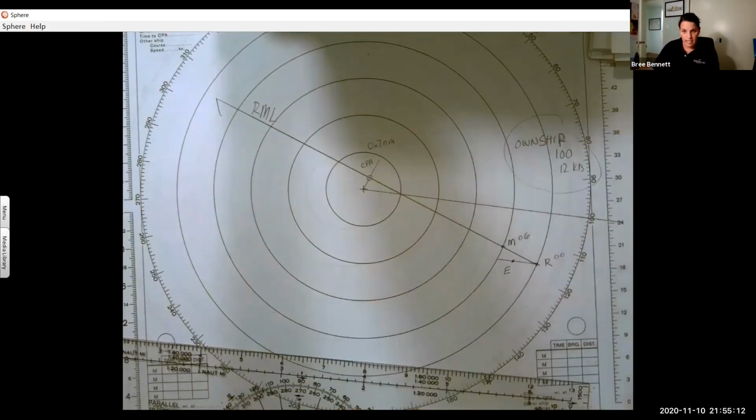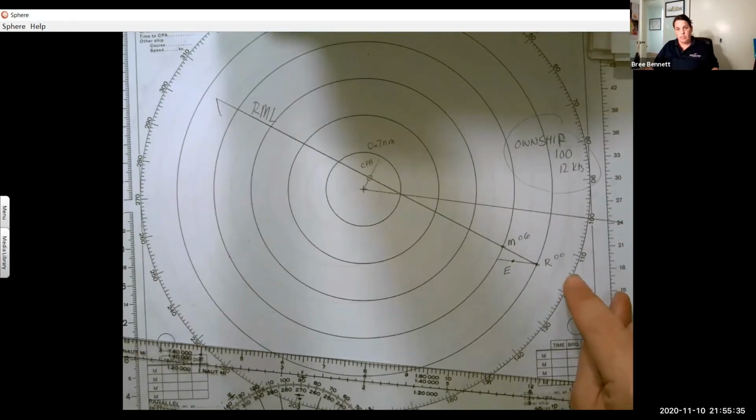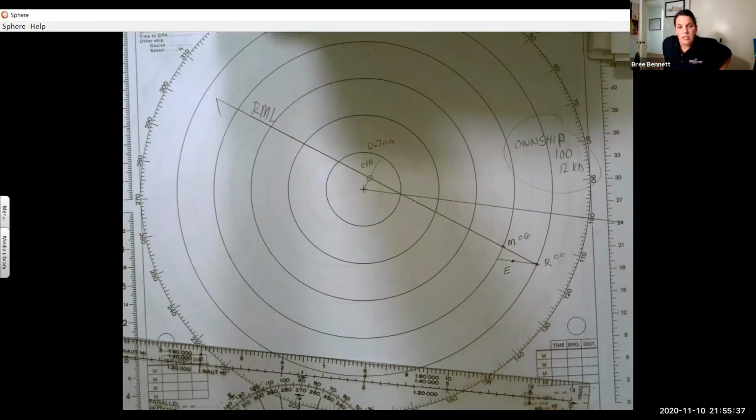So have you plotted E? Sorry, muted there.